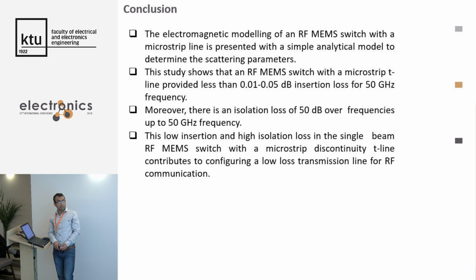Moreover, there is an isolation of 50 dB at 50 gigahertz. Low insertion loss and high isolation are achieved for single beam series type RF MEMS switches with a microstrip discontinuity transmission line.